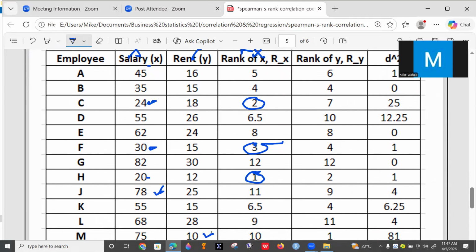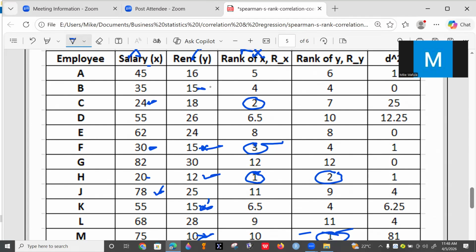The next one is 12. So you have 10, which you have assigned 1, then you have 12, which you have assigned 2. Then the next one is 15, but we have 3 individuals paying a rent of 15. There are 3 of them.